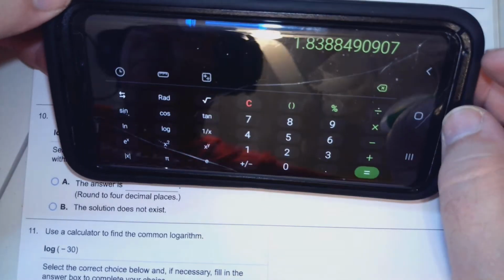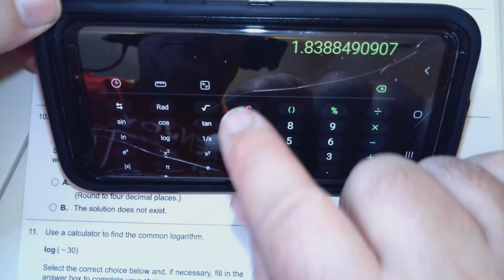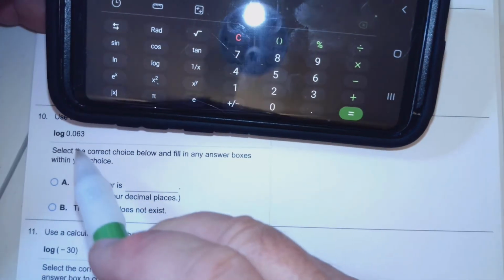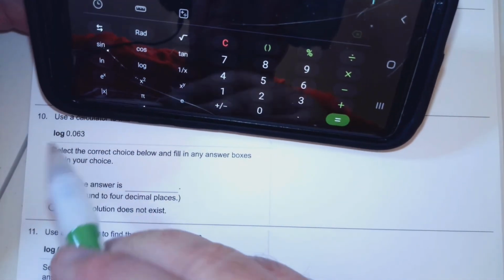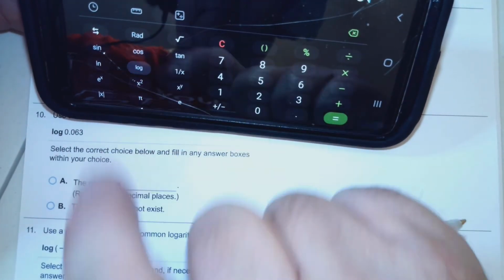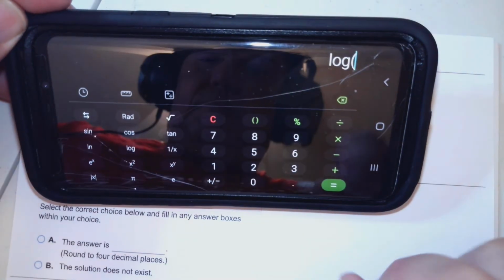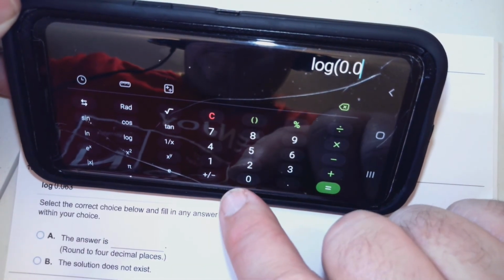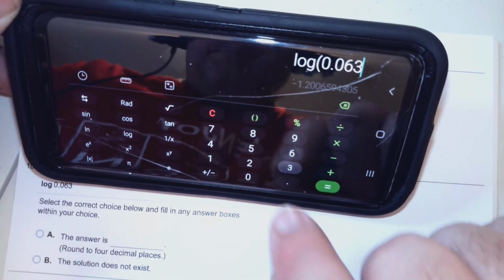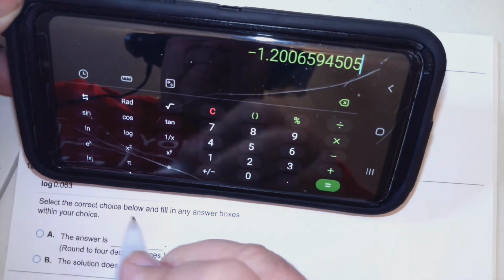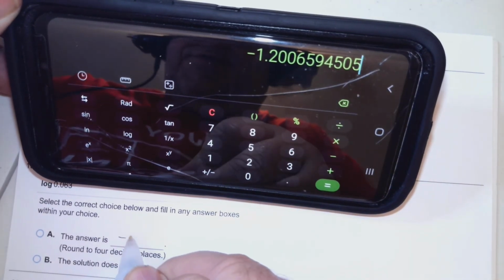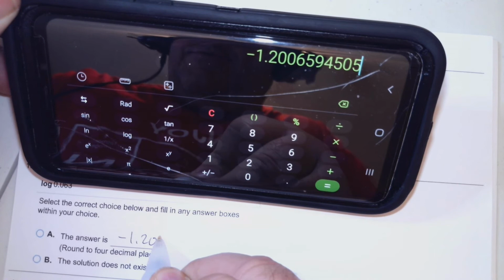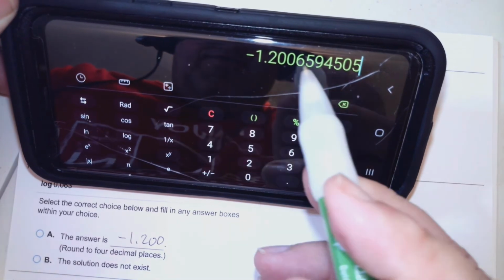Likewise, the next one. Clear it. The next one says log base 10, so it's common log. So log of 0.063. Enter. The answer is negative 1.2007.